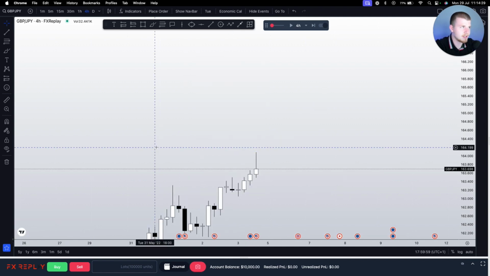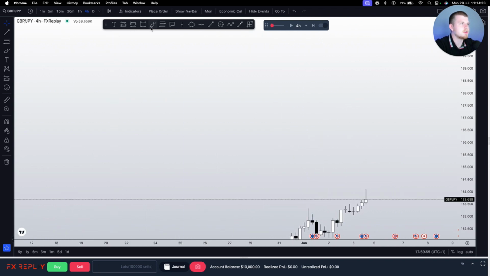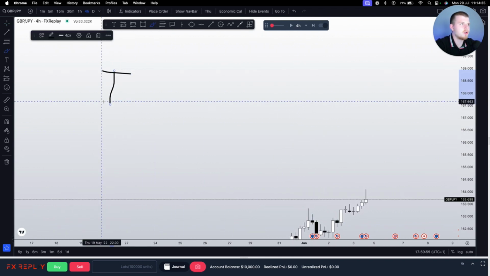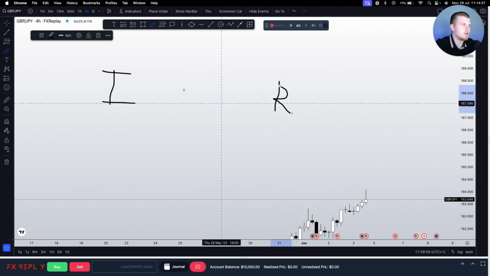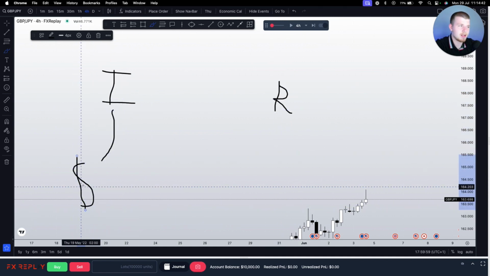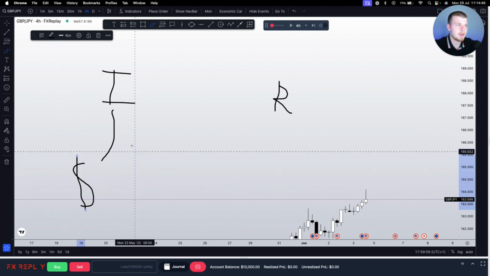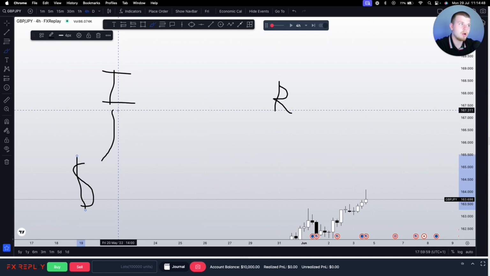Now, liquidity. What is liquidity? There are two types of traders: institutional traders and retail traders. Institutional traders are people with lots and lots of money, typically big banks like Barclays, Lloyds, HSBC, JP Morgan, all of those places.